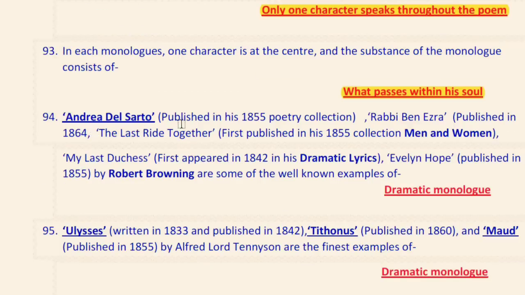Andrea del Sarto, published in his 1855 poetry collection; Rabbi Ben Ezra, published in 1864; The Last Ride Together, first published in his 1855 collection Men and Women; My Last Duchess, first appeared in 1842 in his Dramatic Lyrics; Evelyn Hope, published in 1855 by Robert Browning, are some of the well-known examples of dramatic monologue.